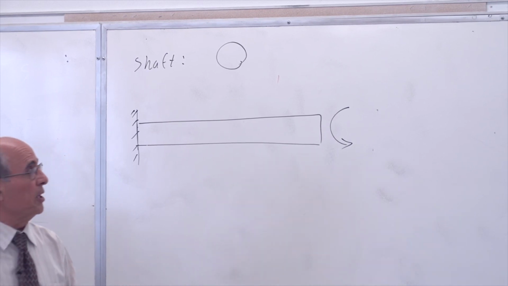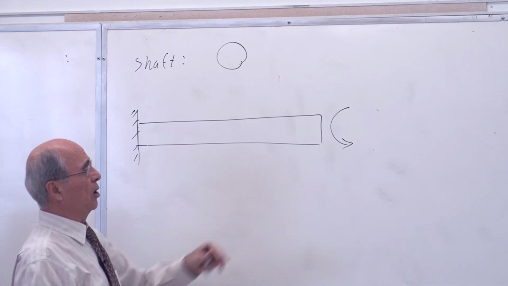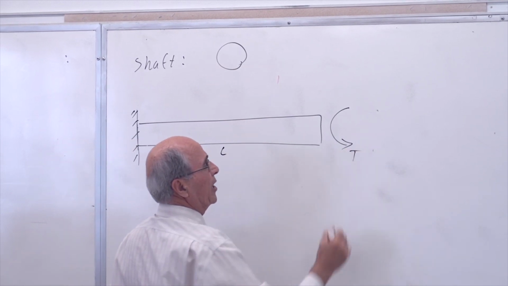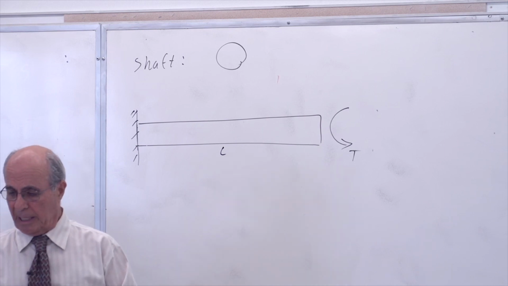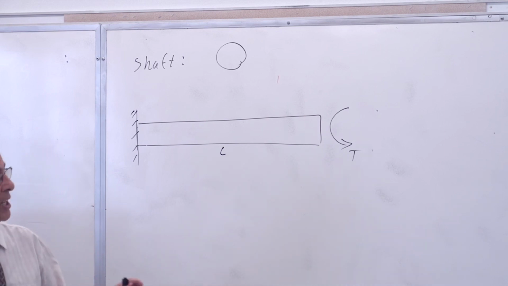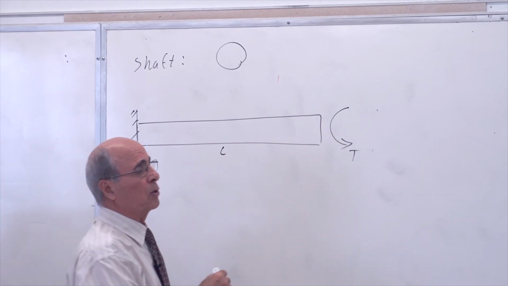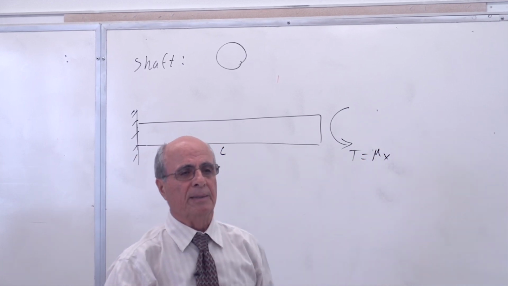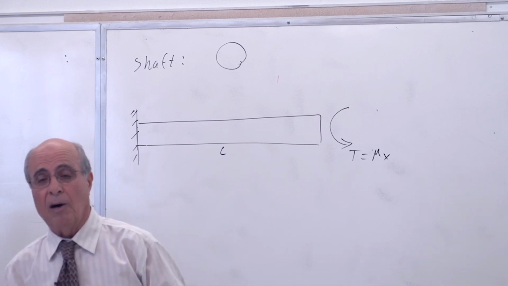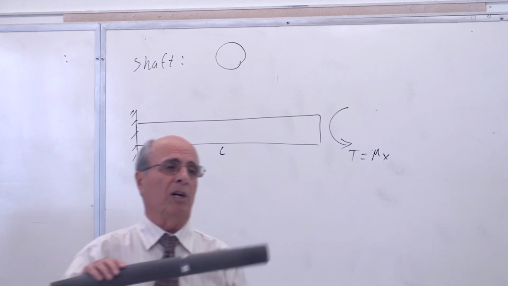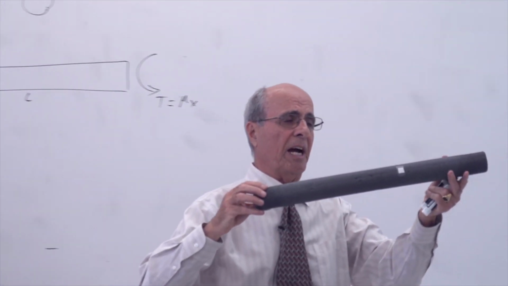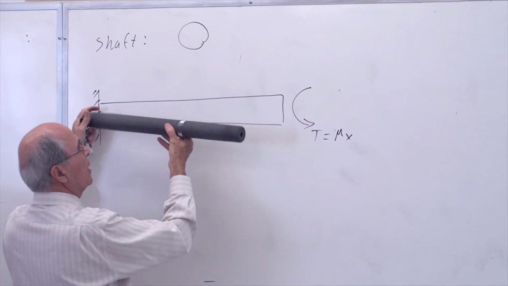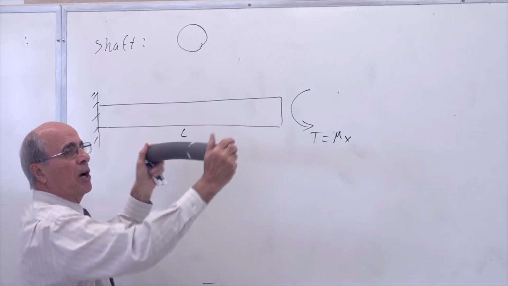So if I have here a rod with the length of L, circular cross section, and I apply here a torque, that torque, if this is the x-axis, becomes equal to Mx. Everybody understand that? So one component of the moment becomes torque because of this. This is the shaft. We assume one side of it is fixed, which is not true usually. We assume that. And then we apply the torque here.